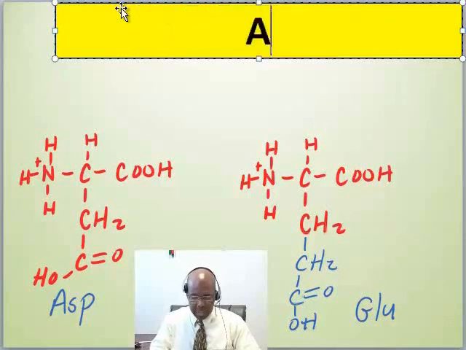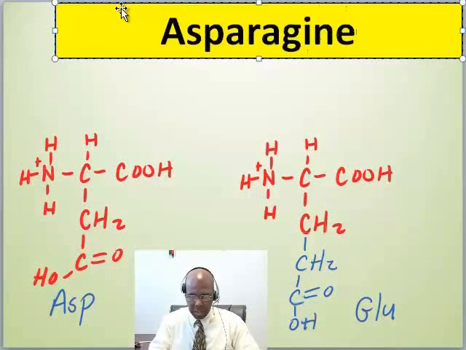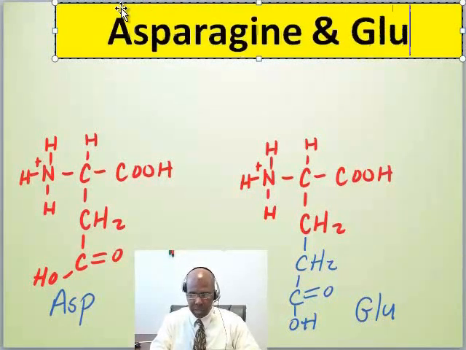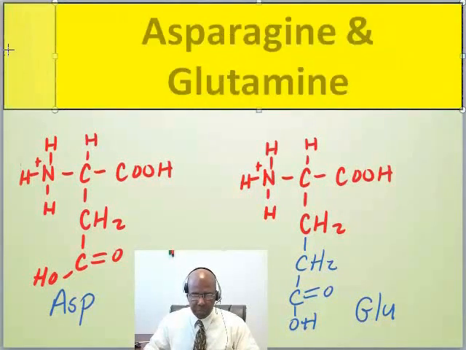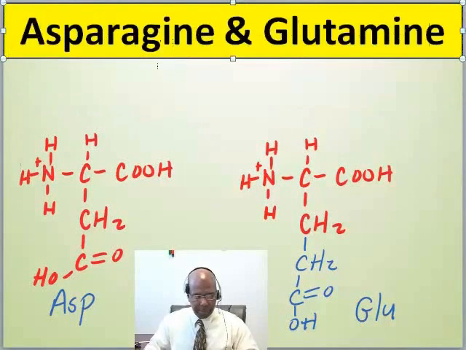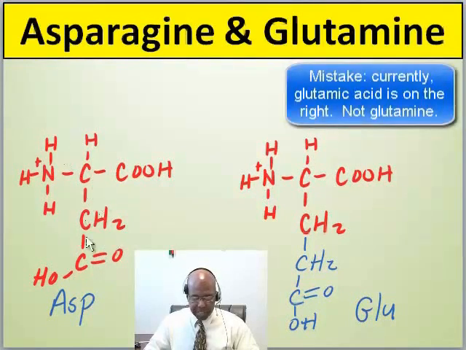This is going to be asparagine and glutamine. Okay. Let's do both of these here. So this is aspartic acid. Aspartic acid is here on the left. Glutamine is here on the right.